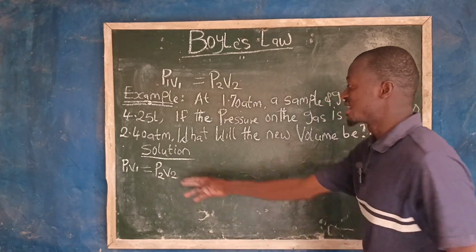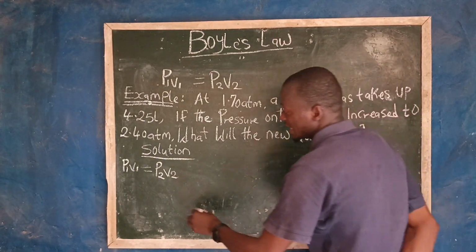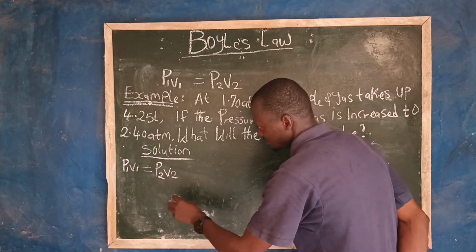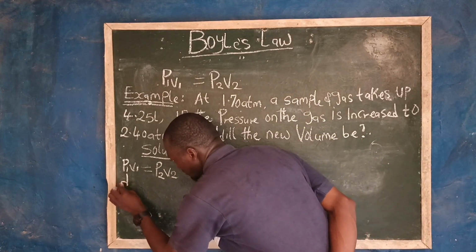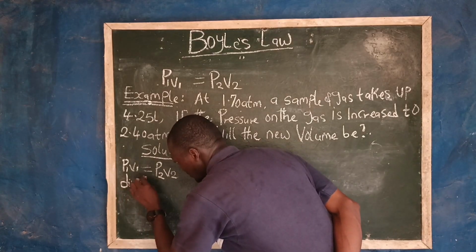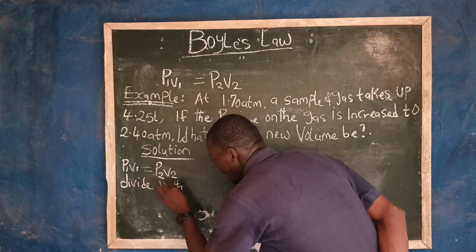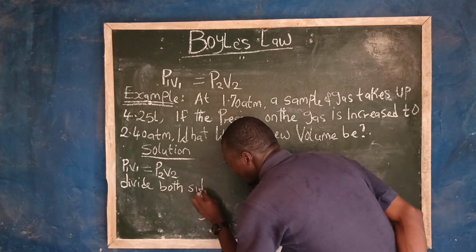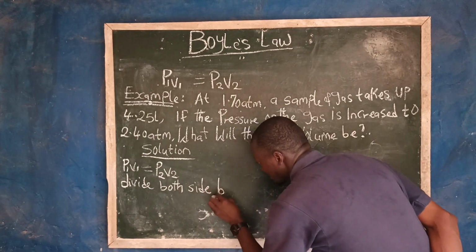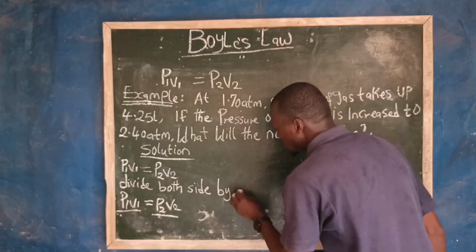Now, since we are not given the final volume, we are going to divide both sides by what? P2.